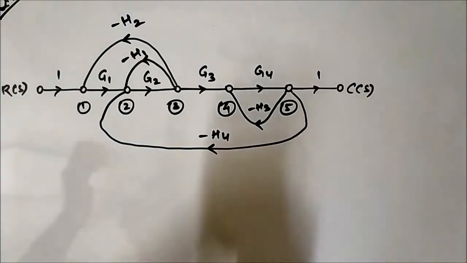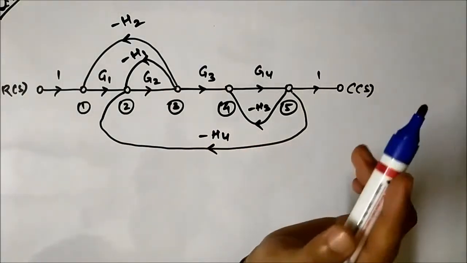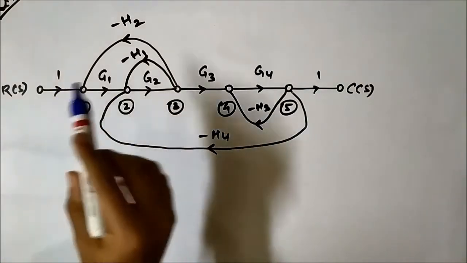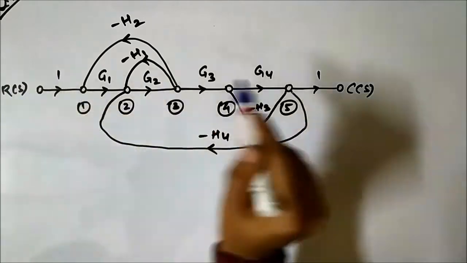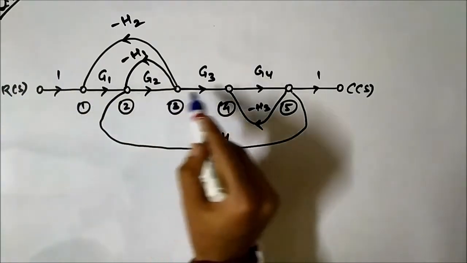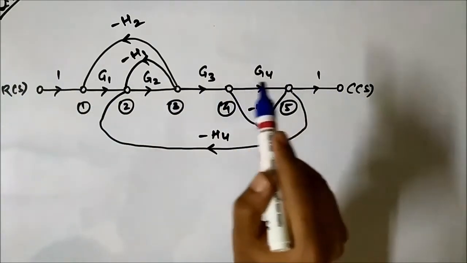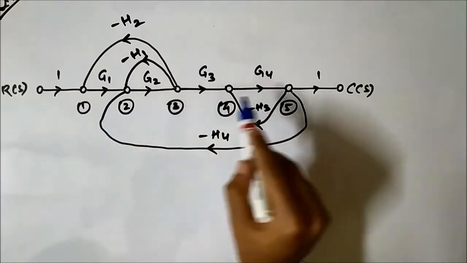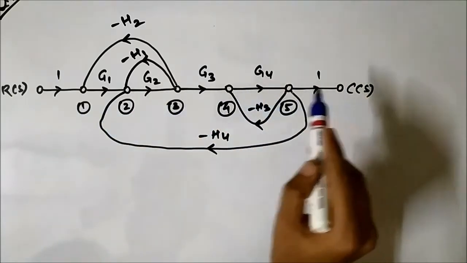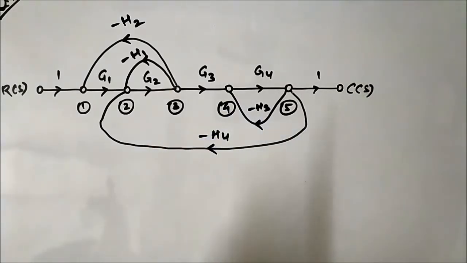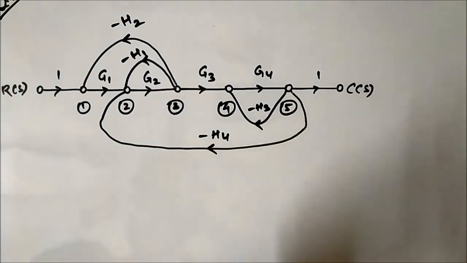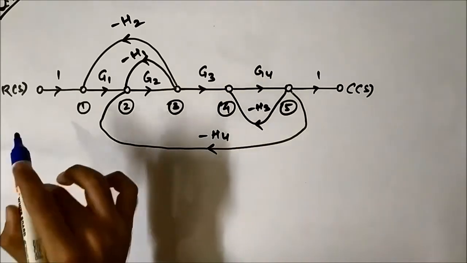The definition of a forward path says that it is a group of branches connecting the input node and the output node in a single path traversed in a single particular direction with no node being repeated more than once. No node should be repeated.